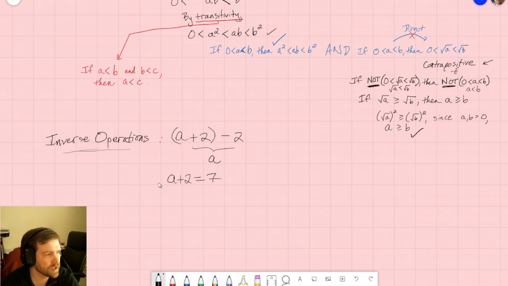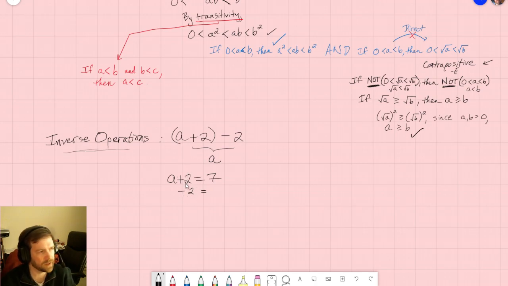Here with an equation, oftentimes what we do is say, okay, if we want to still ensure that the balance is kept between the two sides, then we want to take the inverse operation of whatever's written here in order to get a by itself, and also remove this 2 that's here.